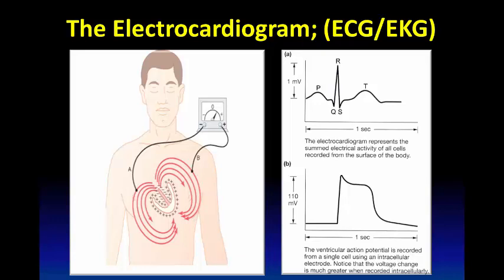So we record the electrical activity of all cells of the heart from the surface of the body. Again, we need to have a galvanometer. We need to have an ECG machine, which is nothing but a modified galvanometer, and we need to have electrodes to close the electric circuit.